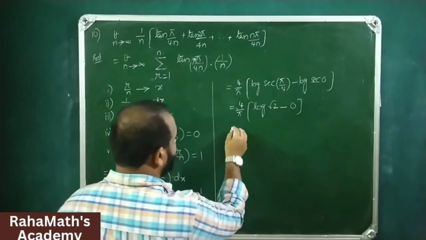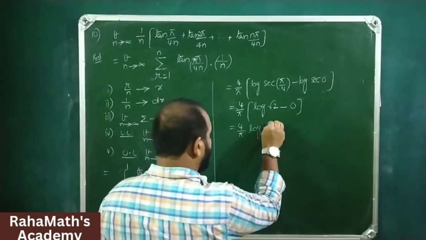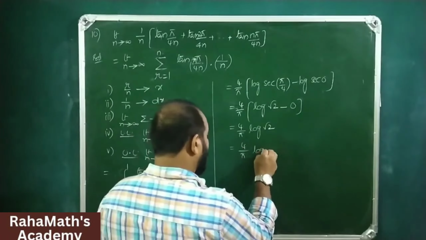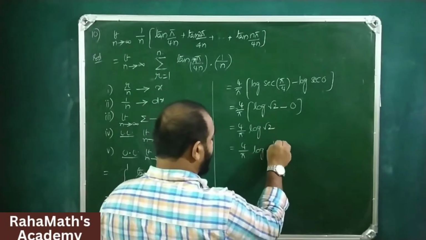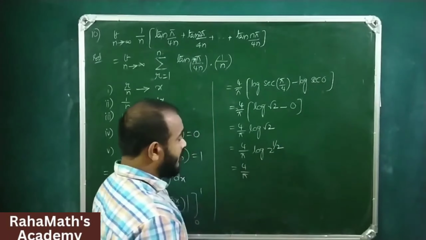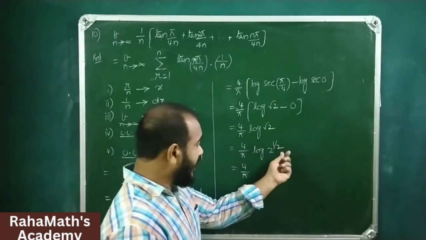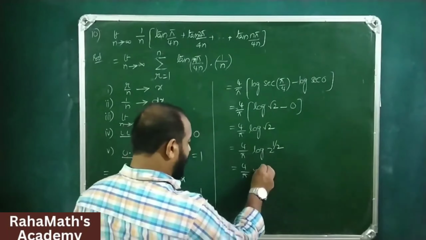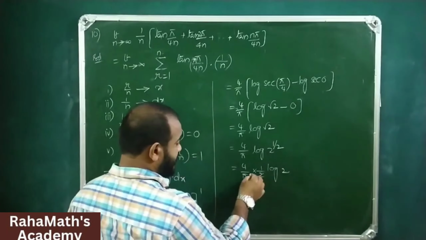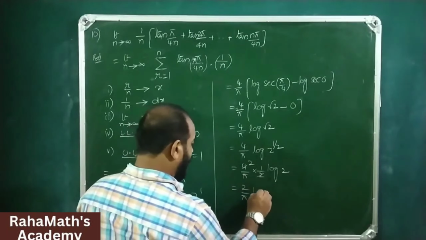This is equal to 4 by pi log root 2. Root 2 is 2 power 1 by 2. So log a to the power of m is m log a, this power will come forward. So 1 by 2 log 2. So this is equal to 2 by pi log 2.